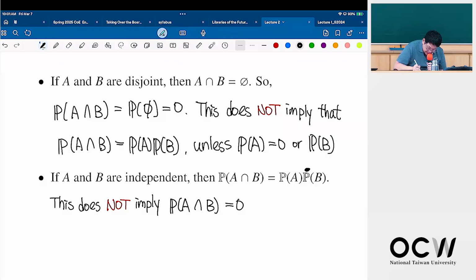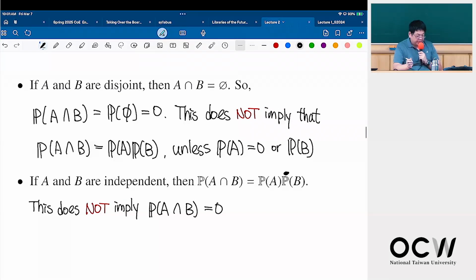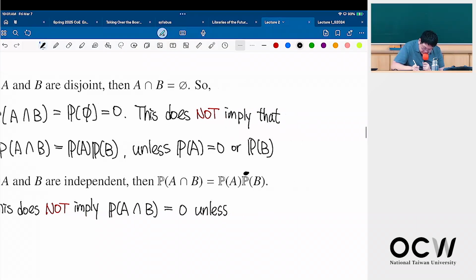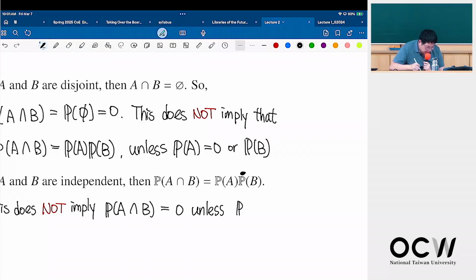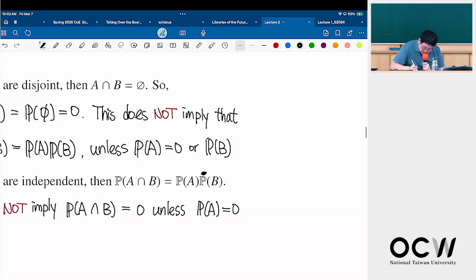It is probability A times probability B. Okay, unless probability A equals 0 or probability B is 0.